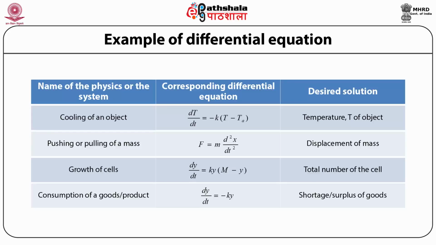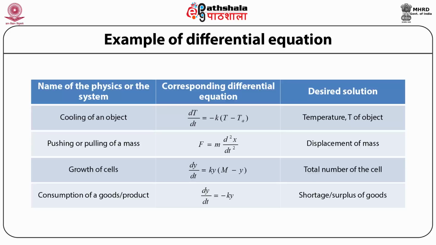The fourth example is consumption of goods or a product. dy by dt is equal to minus k times y. What we are interested in is understanding how much goods are getting used up, or the shortage, how the goods are changing. Now you can see whenever there is an increase in something, we use a plus sign on the right side of the equation.